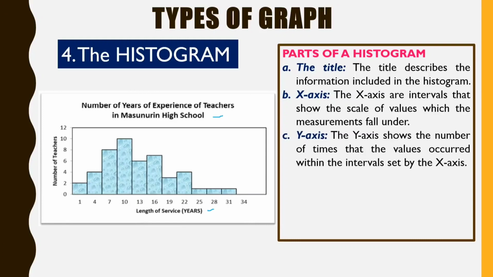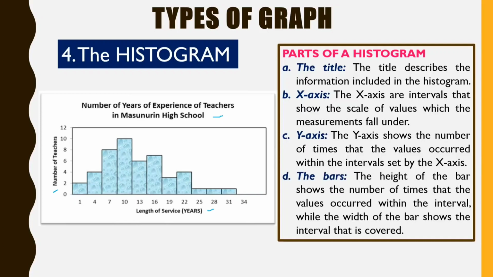The y-axis shows the number of times that the values occurred within the interval set by the x-axis. And of course, the bars: the height of the bar shows the number of times that the values occurred within the interval, while the width of the bar shows the interval that is covered.